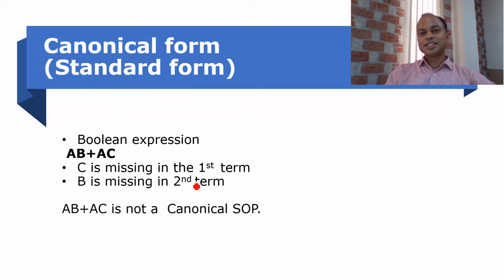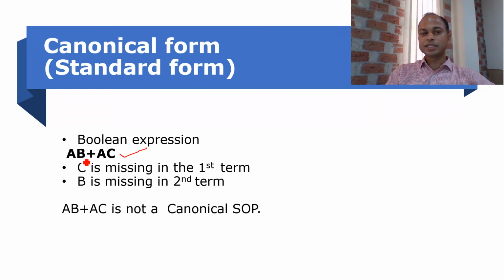Now we are discussing canonical form, which is sometimes also called standard form. So we have the expression AB plus AC. In the standard form or canonical form, we first have to calculate the number of variables in the expression.